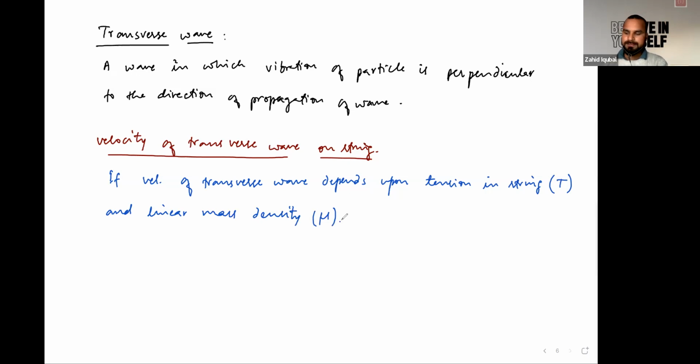So using these two parts, we have to calculate expression of velocity.